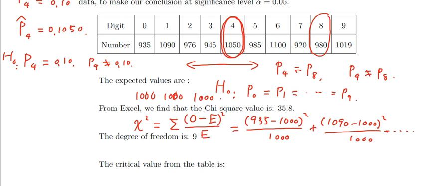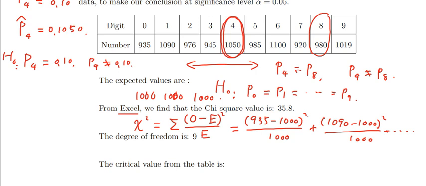So this calculation, if we use a calculator, is tedious, so we need some tools for calculation. For those calculations, Excel is okay, because in Excel we can type the formulas.